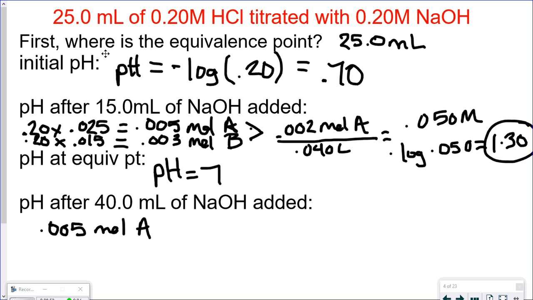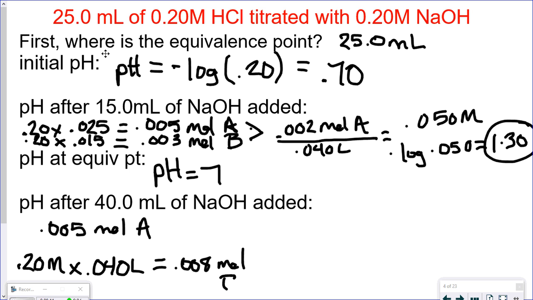So the 0.20 molar times the 40 milliliters, that is going to give us 0.008 moles of base. So whenever we subtract, we have a difference of 0.003 moles, but now this is moles of base.